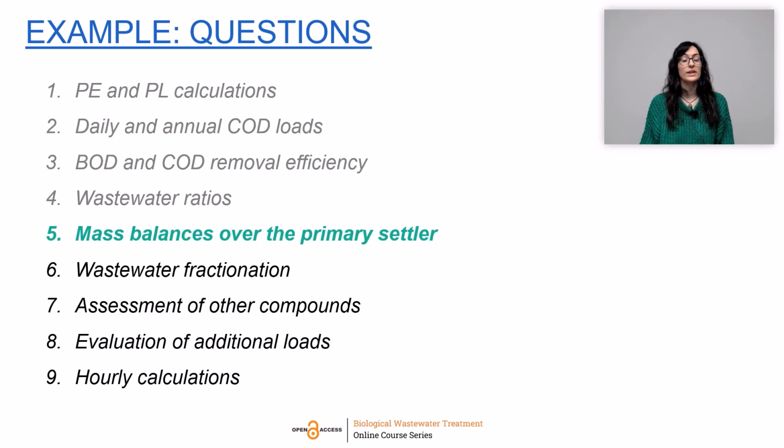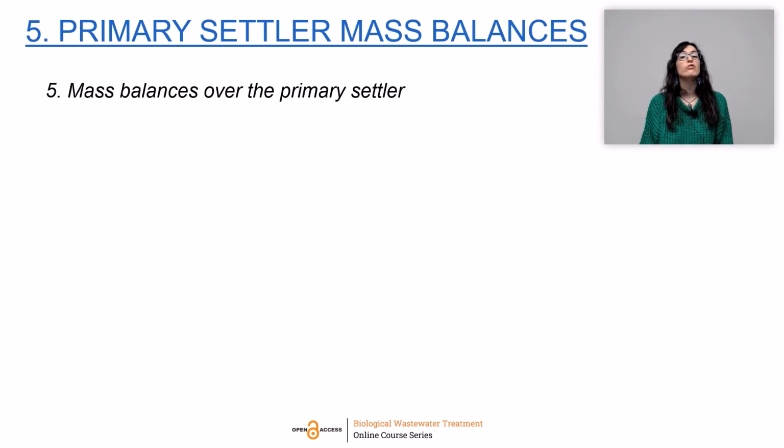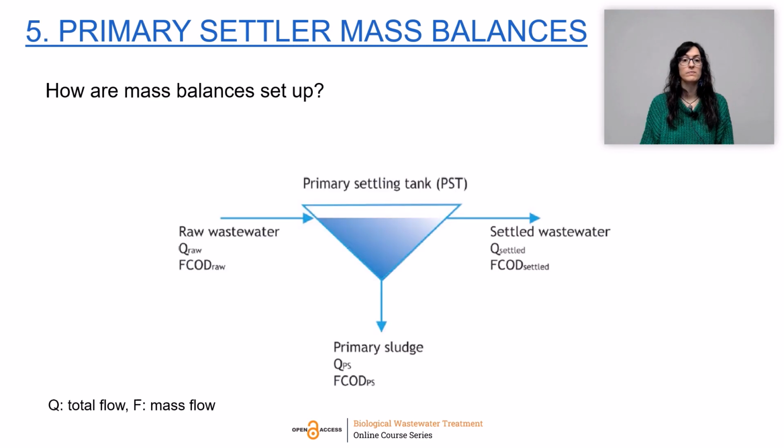Let's go now to the next one, in which we have to set up the mass balances over the primary clarifier. And here you might wonder, how do I set up a mass balance? Well, to do that, the first thing that we have to do is to look at the flow diagram of our unit process. In this case, we have a primary settling tank, and we have 3 streams involved.